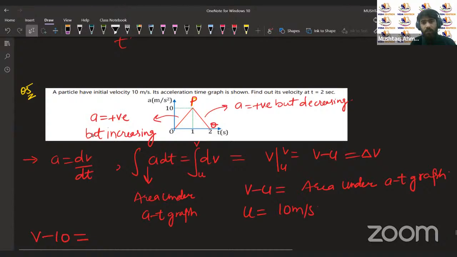This curve represents a triangle, and we have to calculate the area of this triangle.